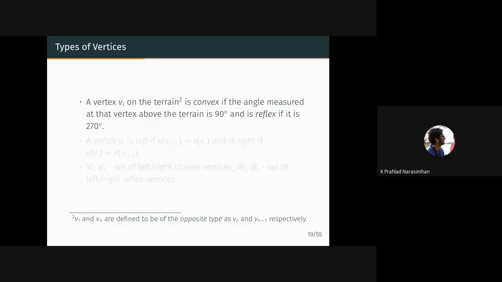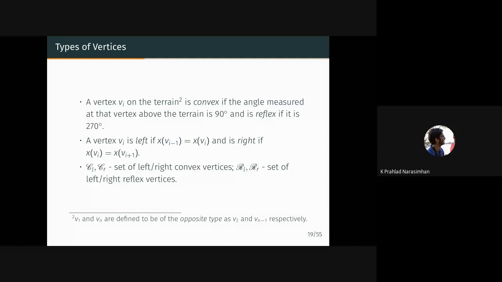So this defines a bunch of notations. A vertex Vi is called convex if the angle measured at that vertex above the terrain is 90 degrees, and reflex if it's 270. It's called left if the x coordinate of the previous vertex is the same as that of the vertex, and it's called right if the x coordinate of the next vertex is the same as the x coordinate of that vertex.